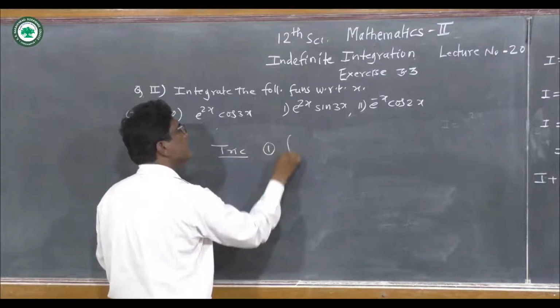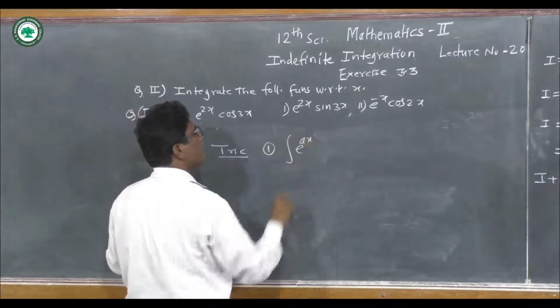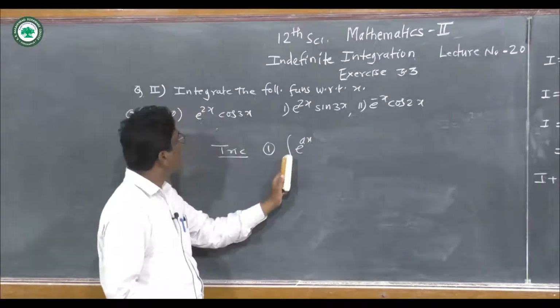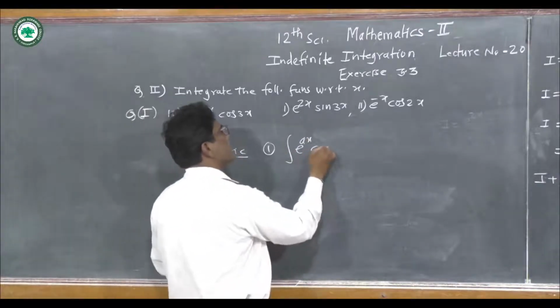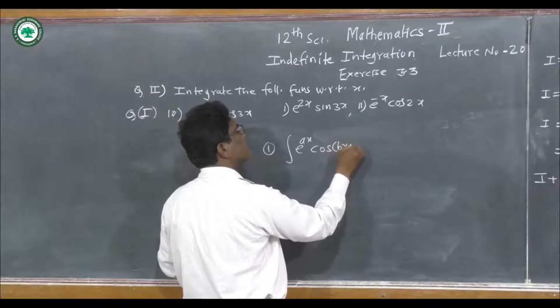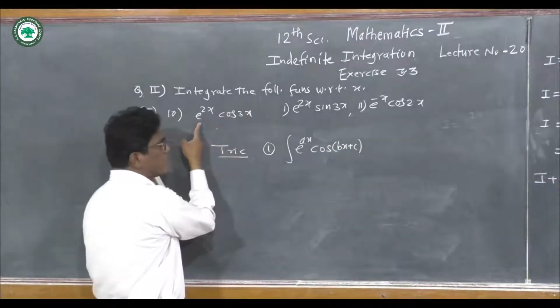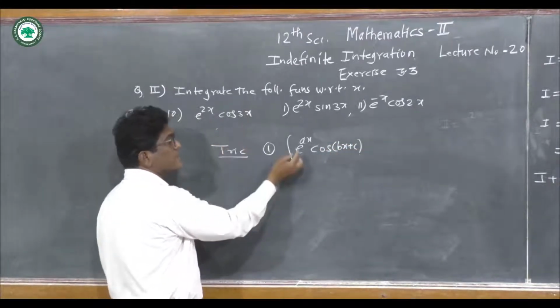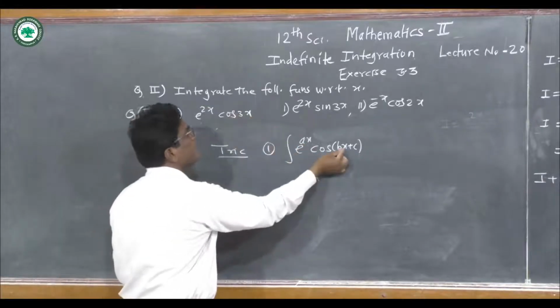The trick is: integration of e to the power ax into cos of (bx plus c). We have solved this problem. E to the power 2x into cos of 3x means here a is 2 and b is 3.